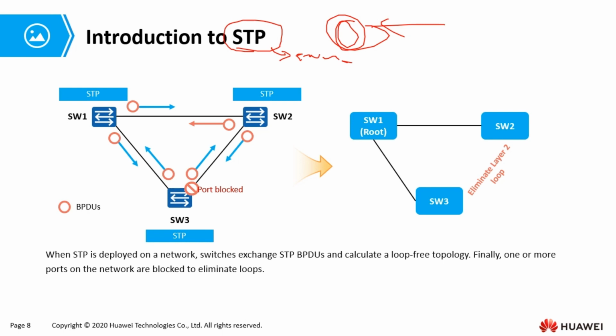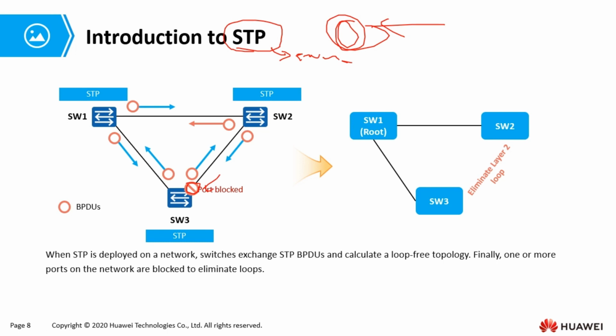So how does STP work? Basically, it picks one port in your redundant link to be the alternate or blocked port. The port will be blocked. So whenever you have a loop scenario, when frames are forwarded here, they will not bounce back and broadcast to others again. They will stop at the blocked port here.